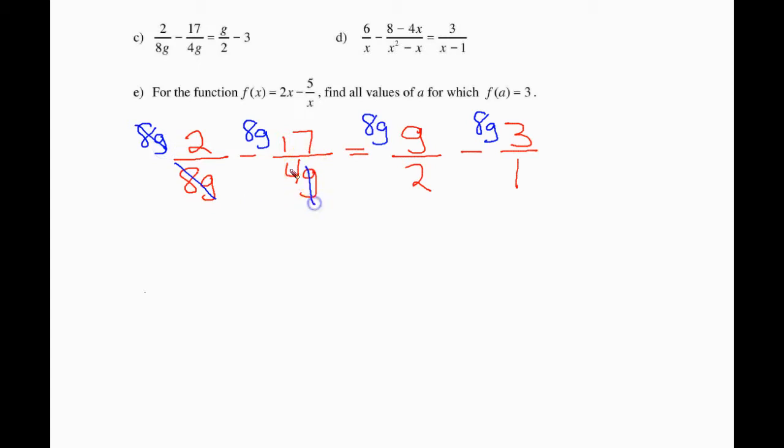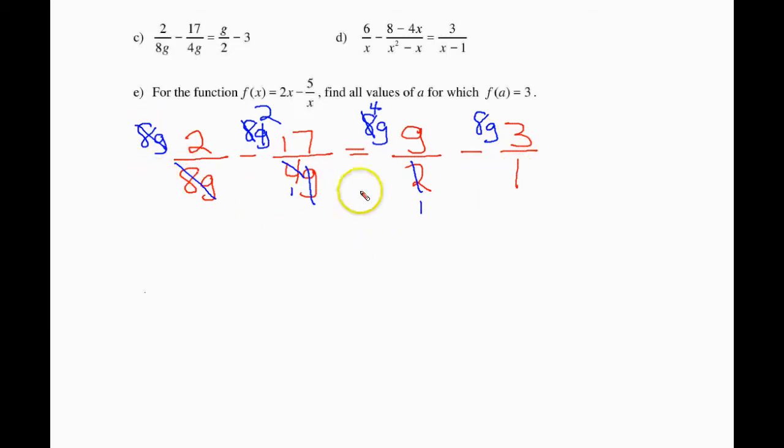Here, the g cancels out. And the 4 will go into there once. And we're left with a 2 here. Here, a 2 goes into there once. And we're left with a 4. And here, we already have a 1, so we're good.